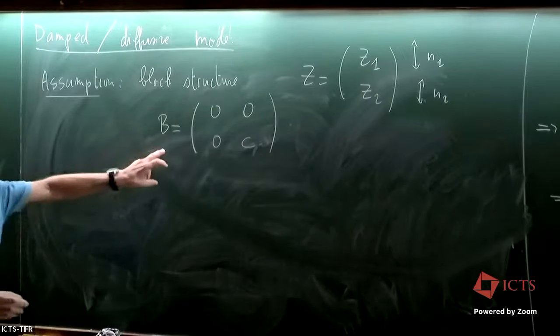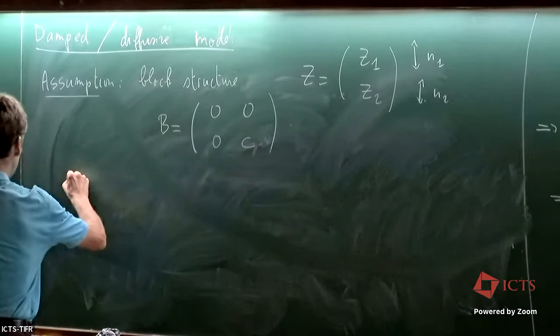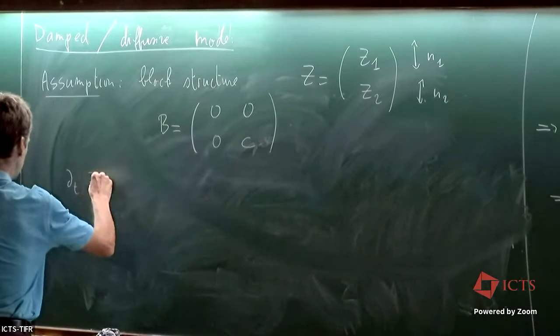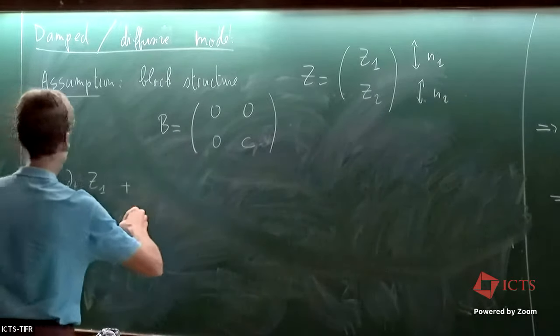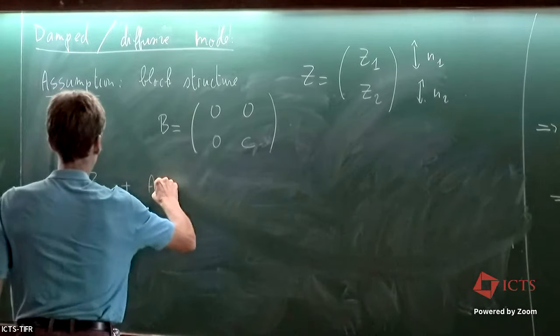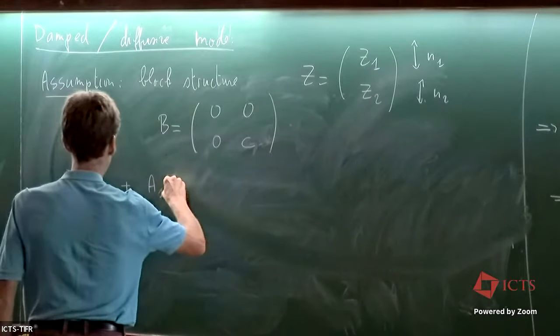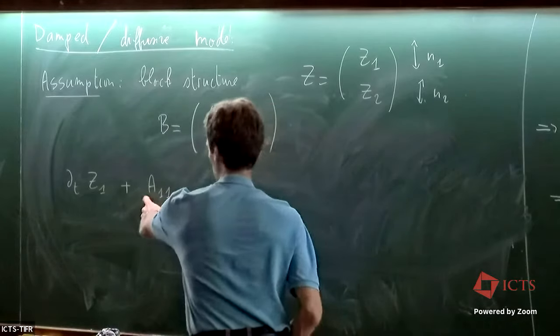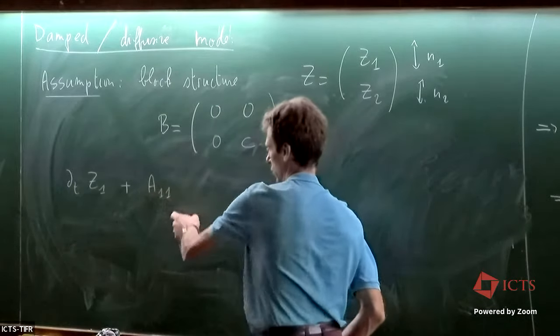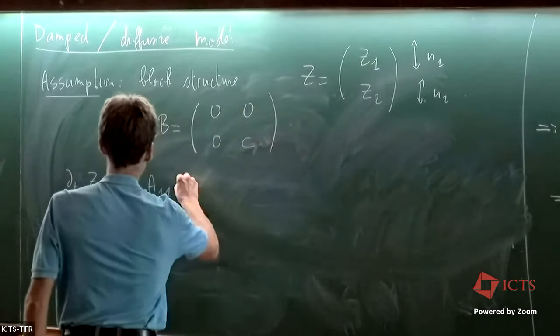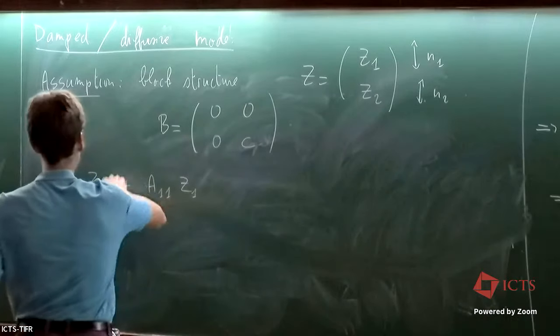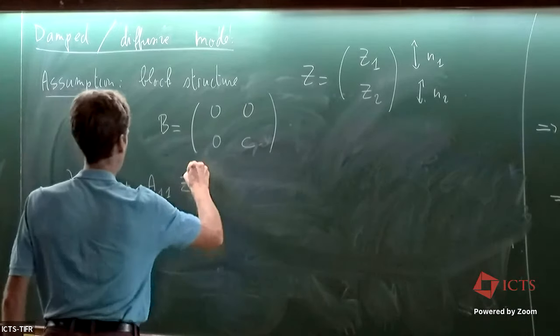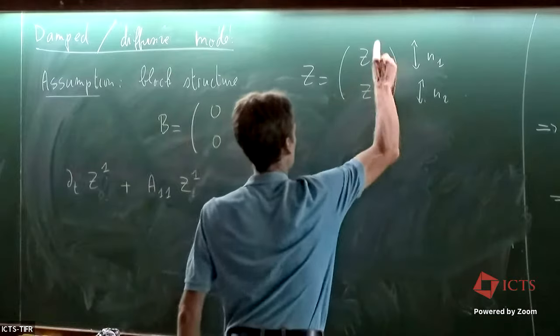Okay, so in that case, my system reads dt z1 plus r1. I will remove the d. But remember, these are not matrices, they're operators here, so differential operators. Maybe I should better put one, sorry, on the top.